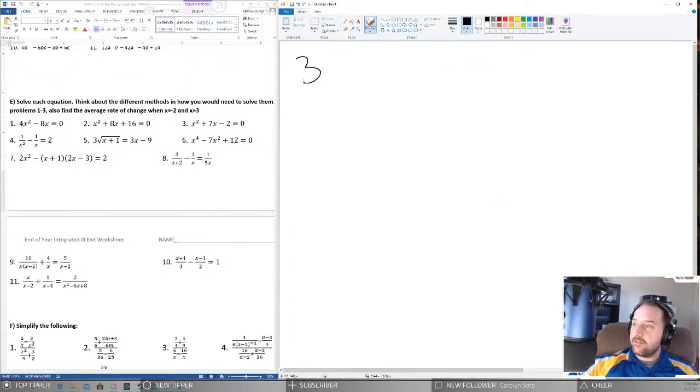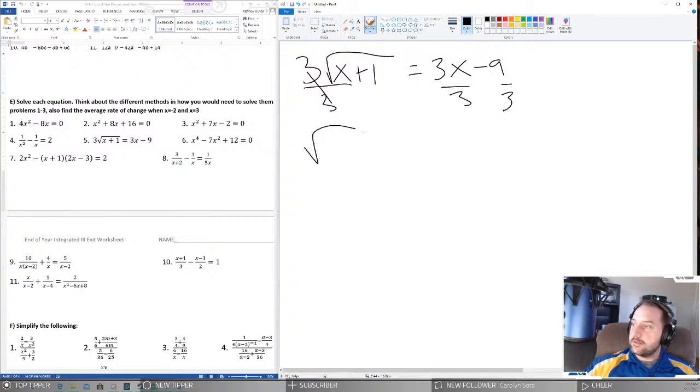So if I have 3 times the square root of x plus 1 equals 3x minus 9, divide everything by 3. So you get the square root of x plus 1 equals, now those cancel out, those cancel out. And so now we can get rid of the square root because it's by itself.